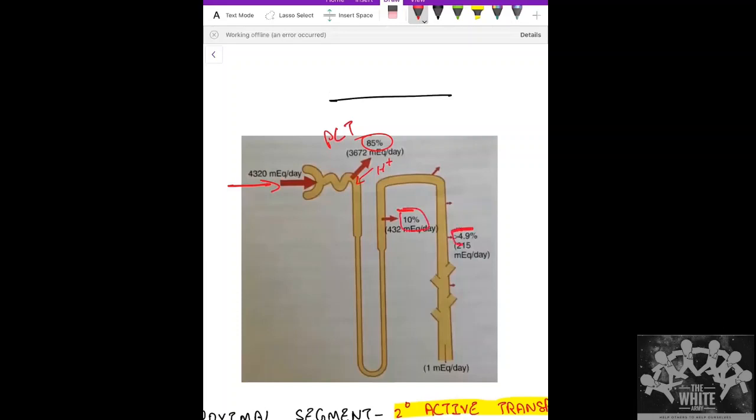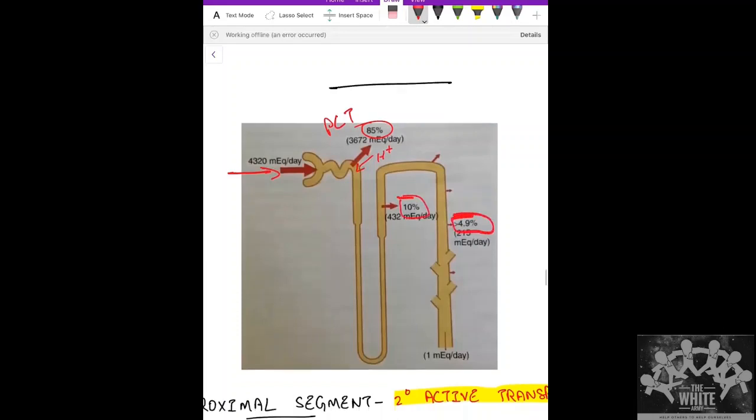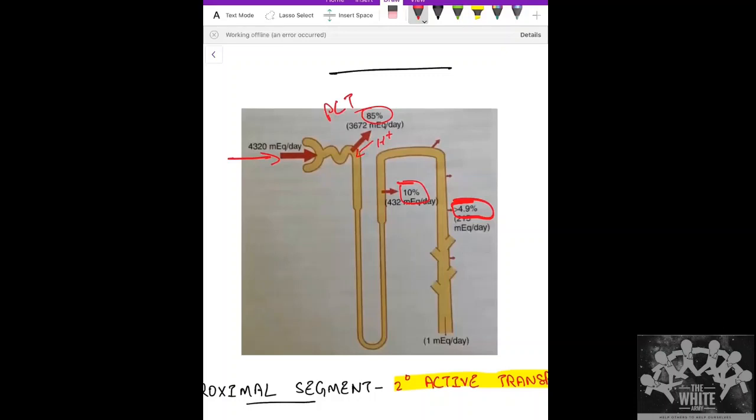In the collecting tubule, almost 5%. This is how HCO3 minus is reabsorbed back into the body. If HCO3 minus is reabsorbed back into the body, there will be a buffer store. This acts as a buffer store in the body to resist any change in the pH.